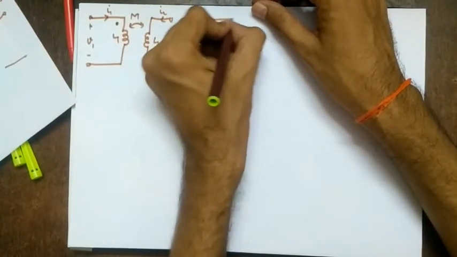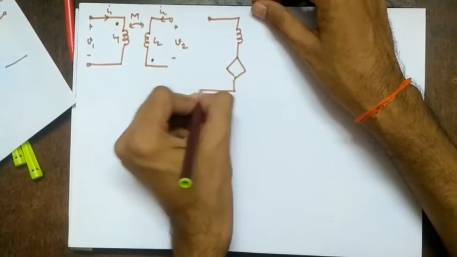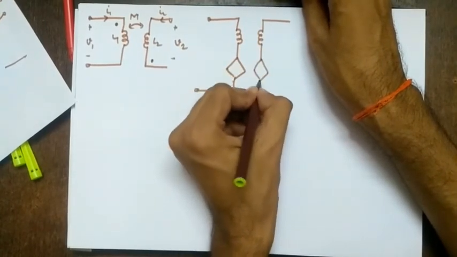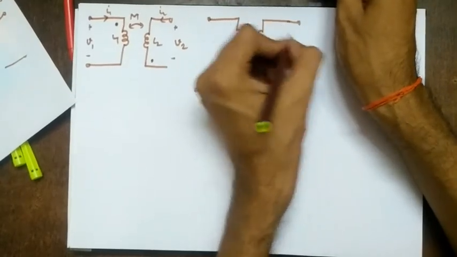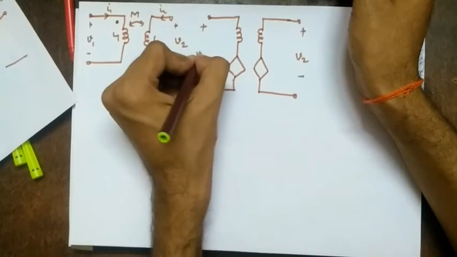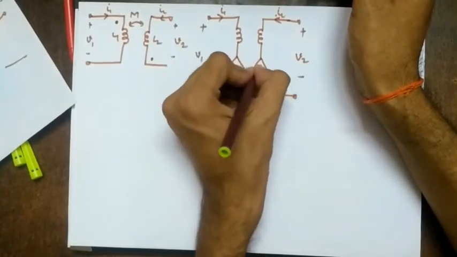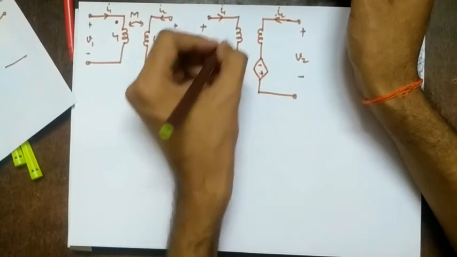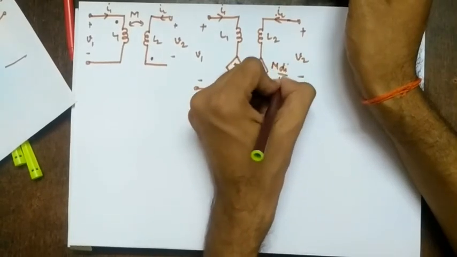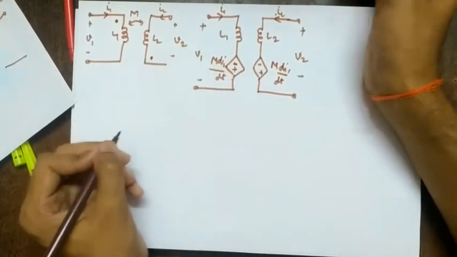So what is the time domain equivalent circuit? We have the inductor, then we have dependent sources. And what is the difference compared to the previous one? We have the polarities in the opposite direction for the dependent source. So this is V2, this is V1, this is I1, this is I2, this is minus plus, this is minus plus, L1, L2. What is this? M di1 by dt. What is this? M di2 by dt.